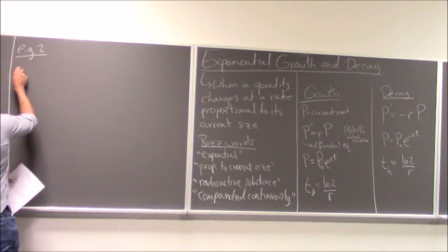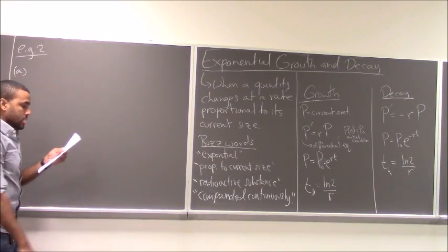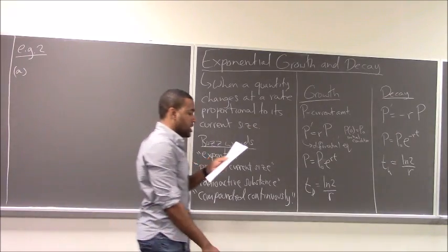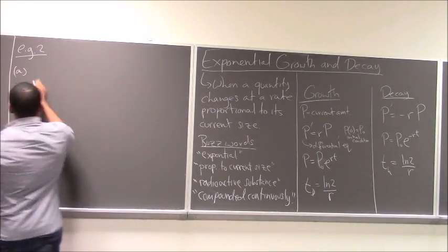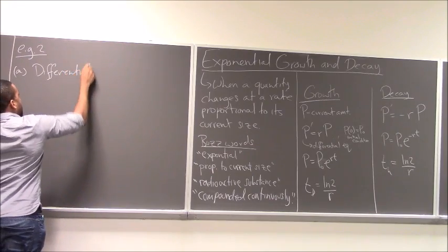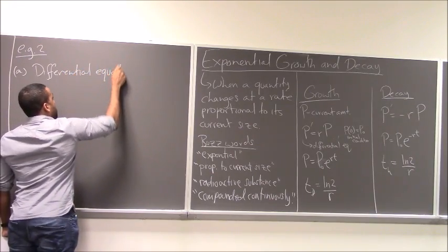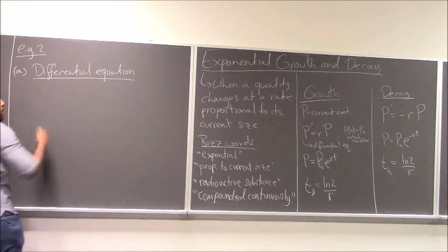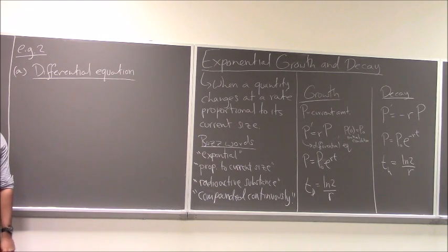So let's move on to A. Now it asks for the differential equation satisfied by P of T. How do you do that? What are we after?